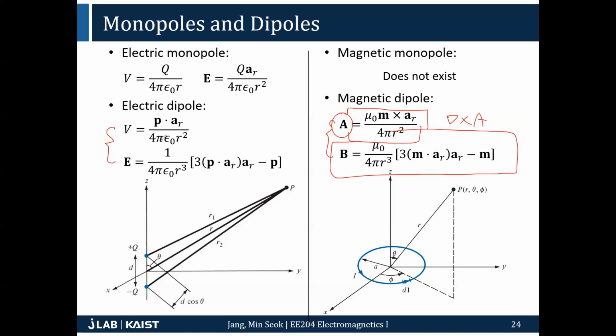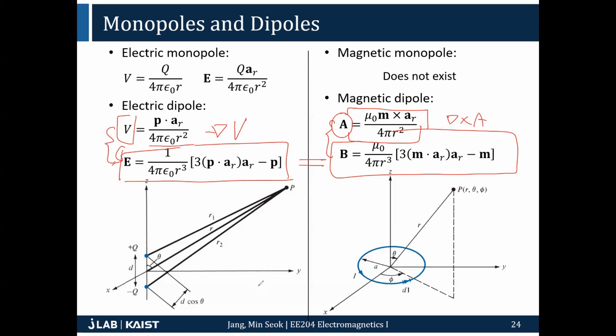For the electric dipole, you have a scalar potential like this, and then taking the negative gradient of it, you get the electric field. And as you can see here, this equation and that equation look exactly the same, right?